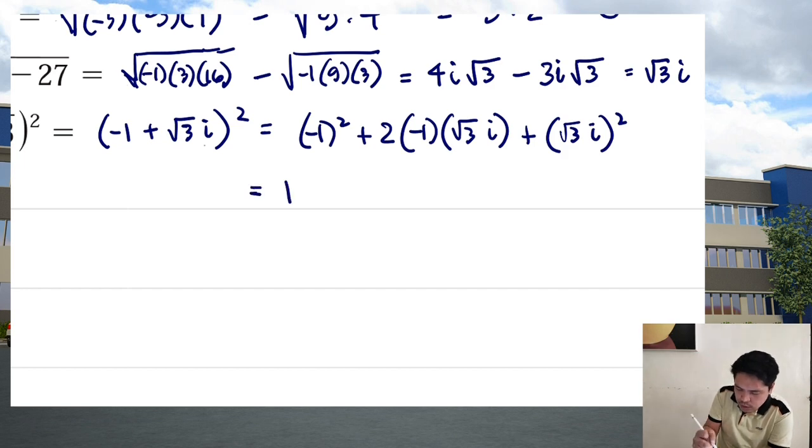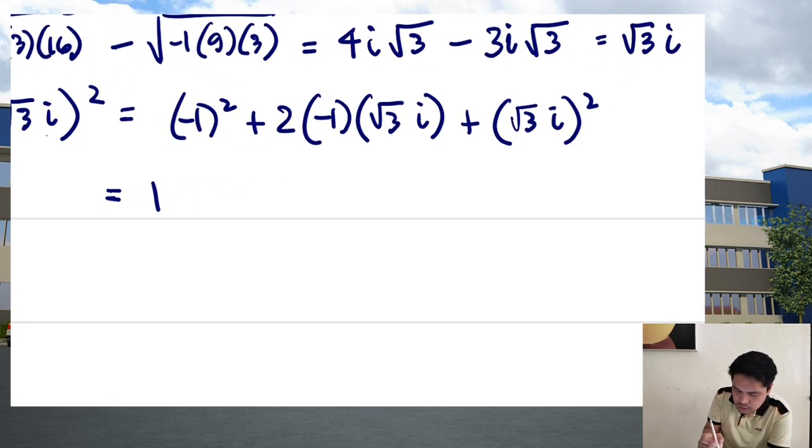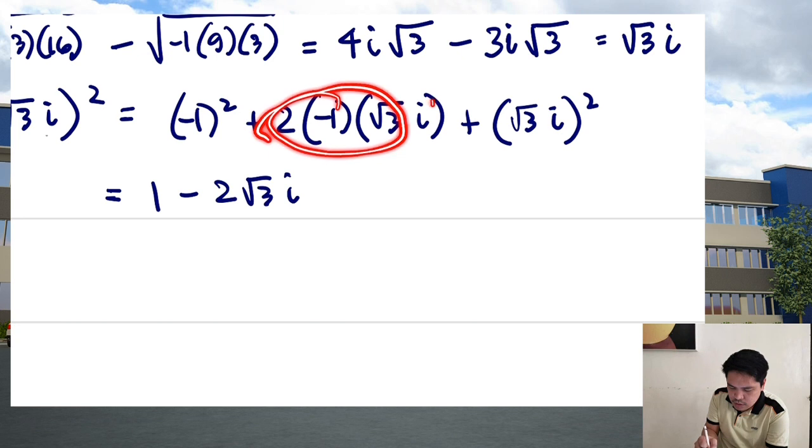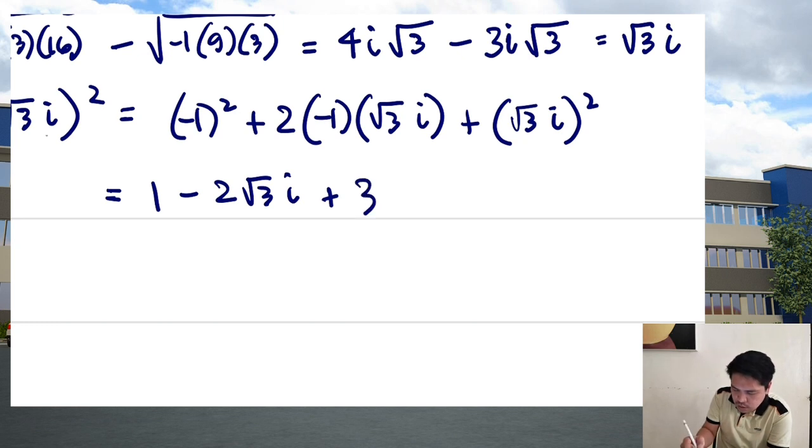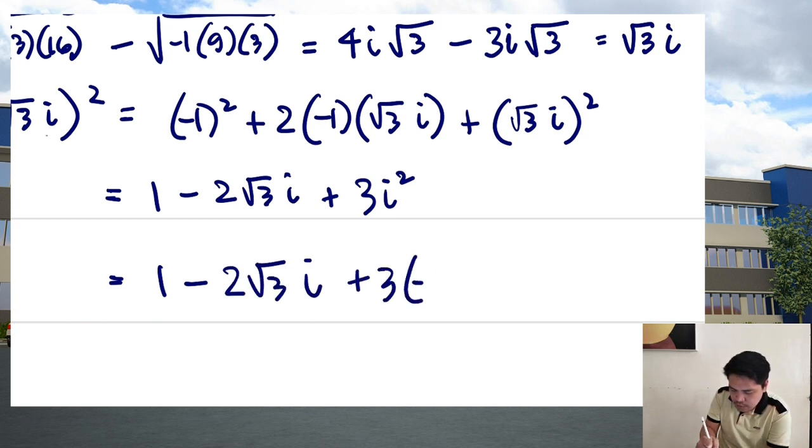So, that would be 1. So, what will happen dito? That would be negative 2 square root of 3i. Ito, you just multiply this, then i. Plus, square root of 3 squared is 3. And i squared is, syempre, negative 1. So, 1 minus 2 square root of 3i plus 3 times negative 1.